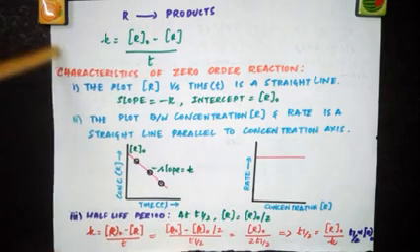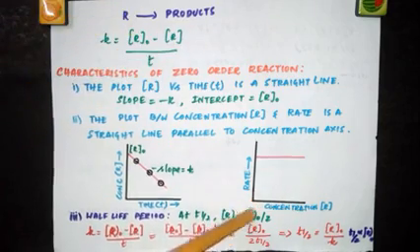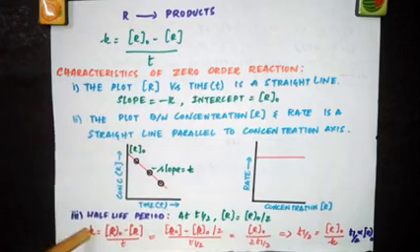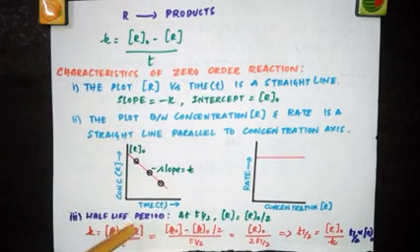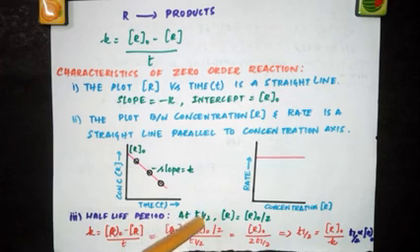Now take this expression and you're going to substitute this R value here. So what do you get? K is equal to R naught minus R by T. So instead of R, we are going to put R naught by 2, because instead of T, we are going to put T half. So at T half, this will be equal to R naught by 2. So K is equal to R naught minus R naught by 2 divided by T half.